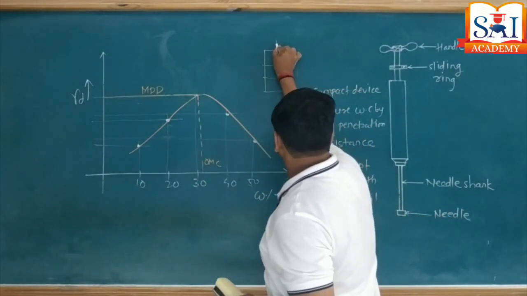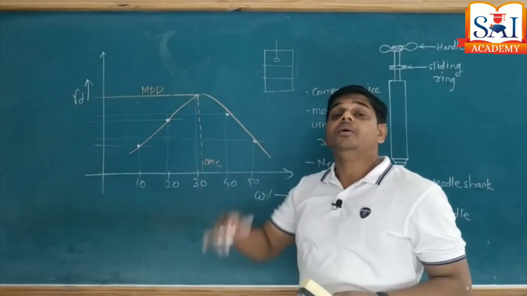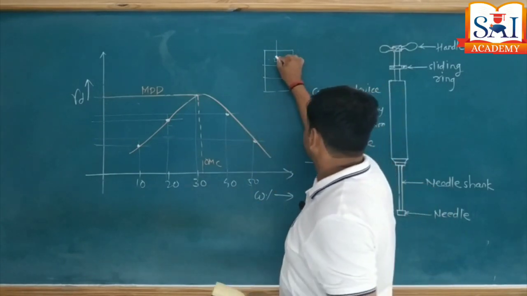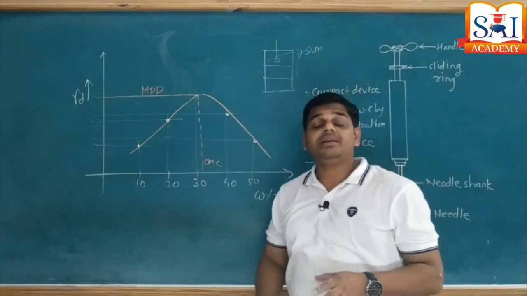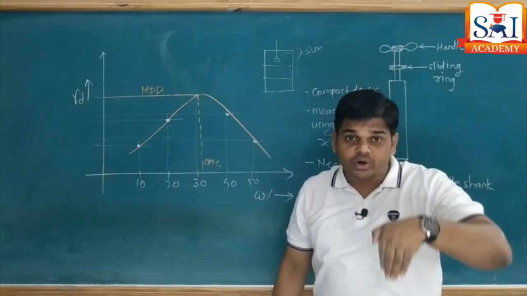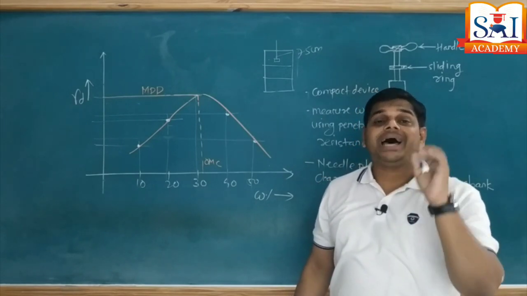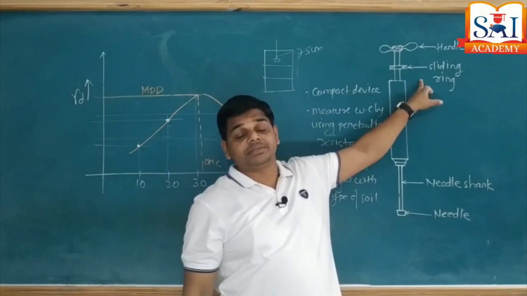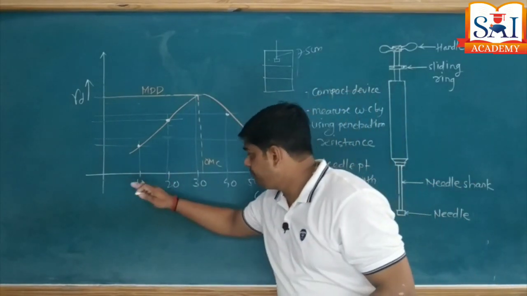Inside this mold we penetrate, meaning we apply pressure from the top such that the penetration is 7.5 centimeter inside the mold. When the needle penetrates inside the soil, it shows the resistance offered by the soil, and that resistance we record using sliding rings.